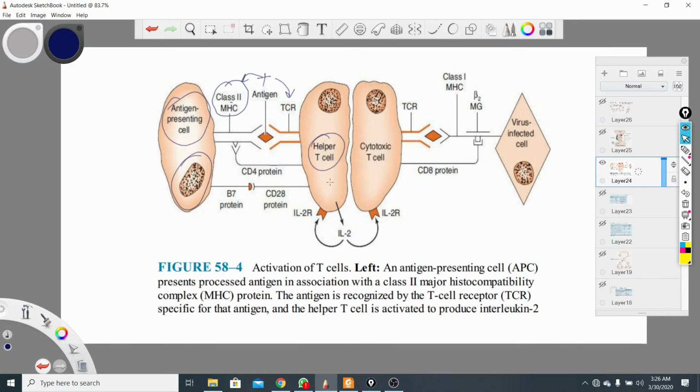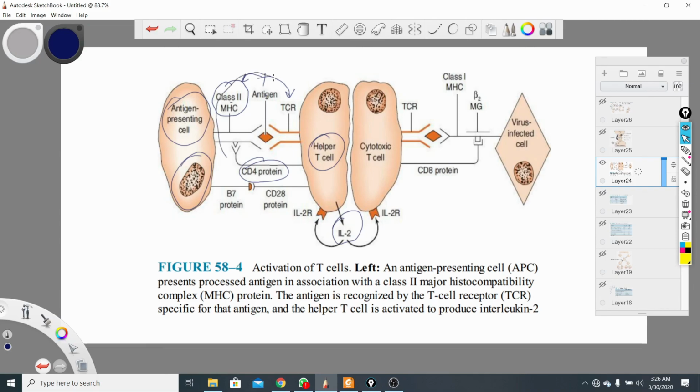And in the long run, helper T cells then produce IL-2, or interleukin 2. These helper T cells have TCRs and CD4 proteins. Here you can see the CD4 protein, which should be present along with the TCRs so that it can receive a signal from the class 2 MHC protein, antigen, and the APCs.